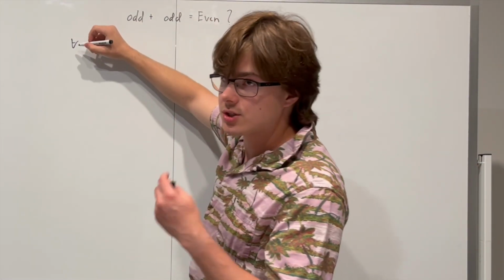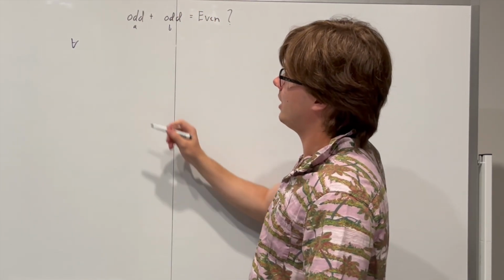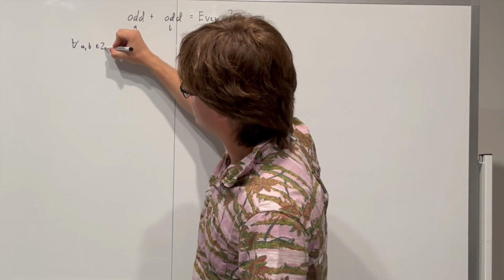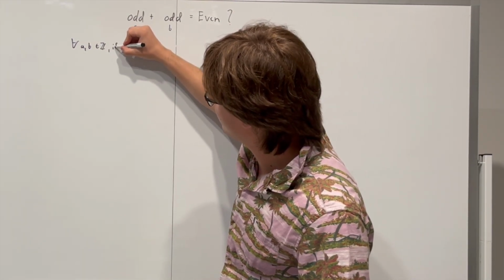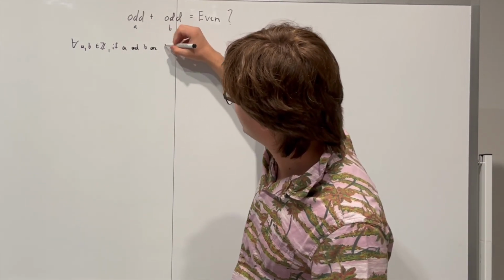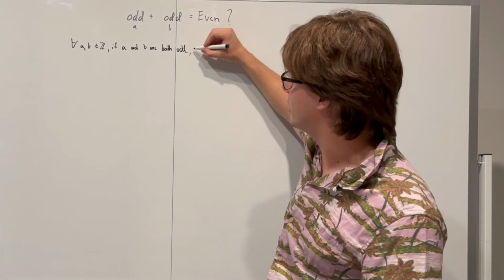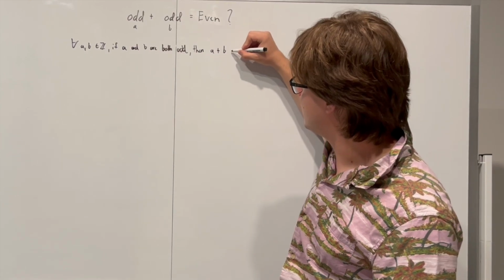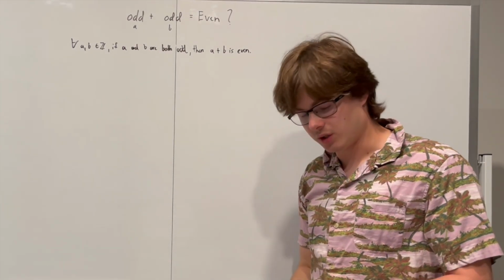For all, and let's call this A and this B, so for all integers A, B, if A and B are both odd, then A plus B is even. Okay, great. So we have our statement.